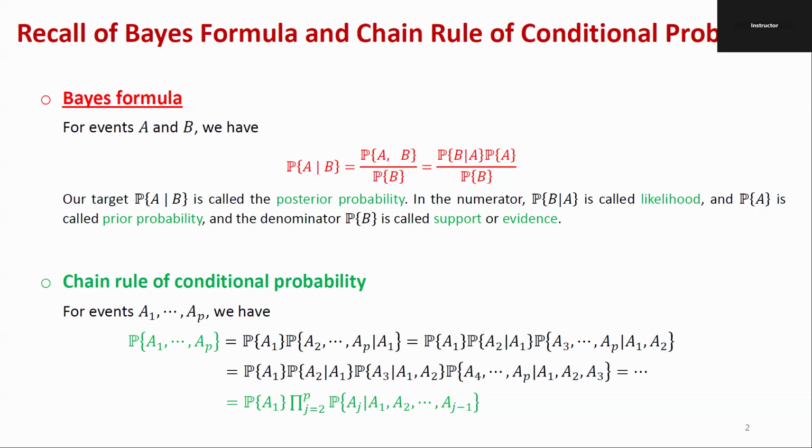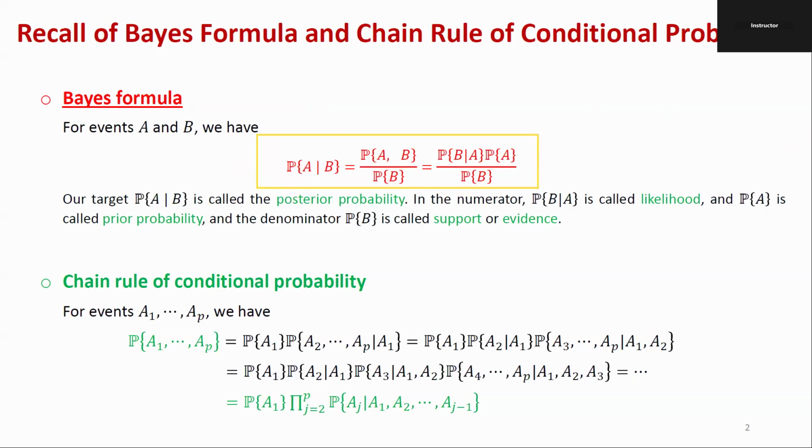First of all, I assume everyone already knows what the Bayes formula is. As a very quick review, this is nothing but the conditional probability formula, which is just the definition: P(A|B) equals P(A,B) divided by P(B).